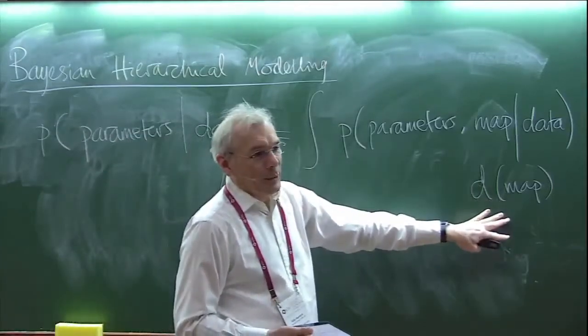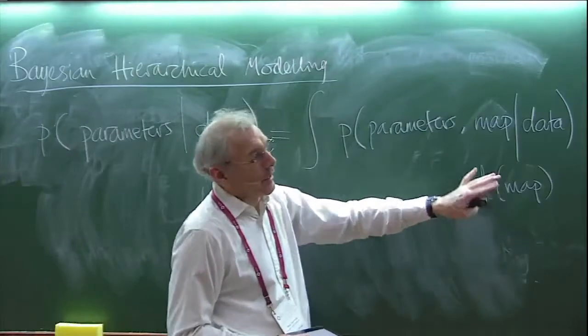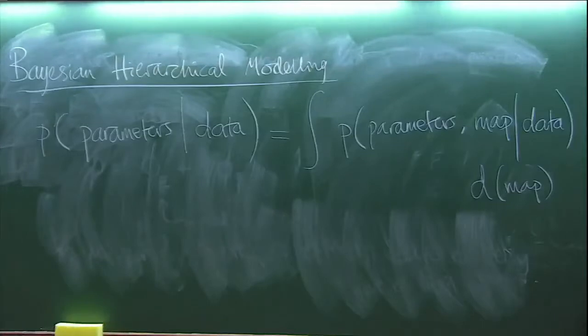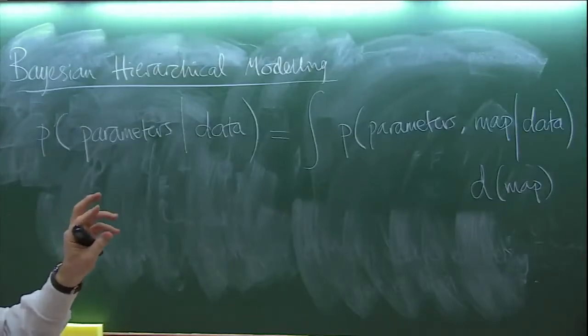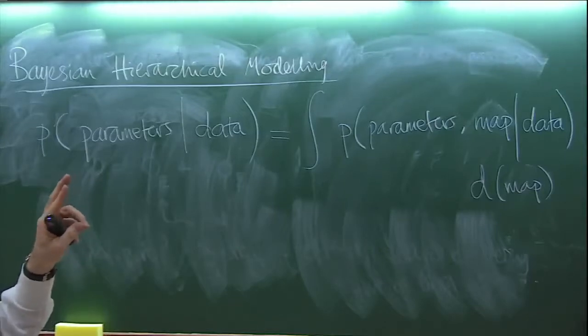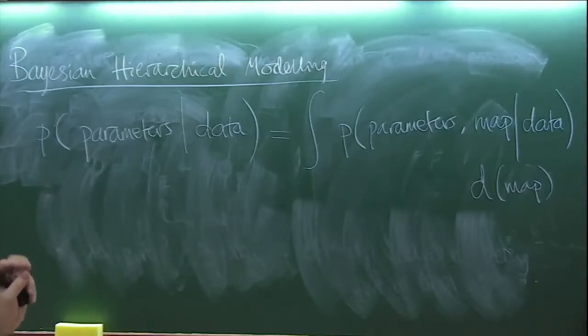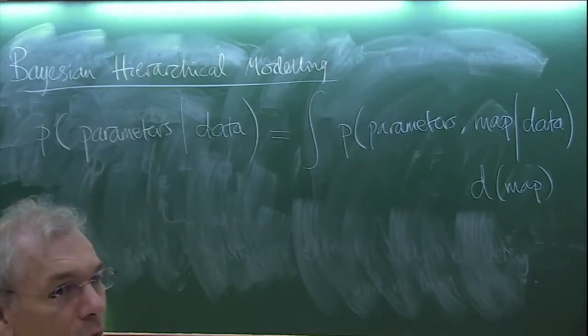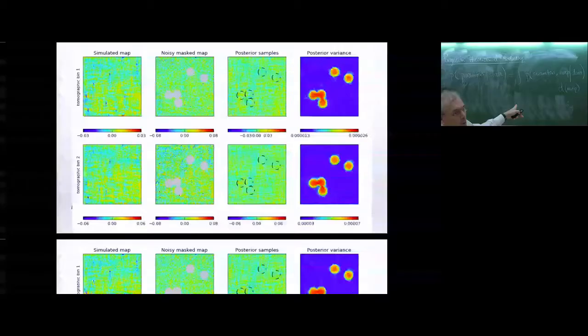What do I mean by integrating over the map? Well, if we pixelize the sky in some small pixels, then the true value of the shear, the two numbers gamma 1 and gamma 2, would be two parameters of the data model. So we have two parameters for every pixel in the map. This corresponds to simulated data where we have something like 100,000 of these map parameters.